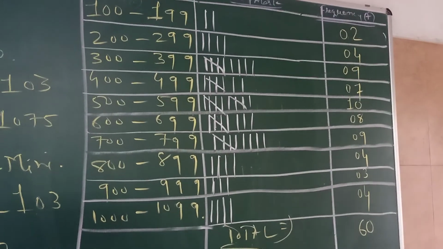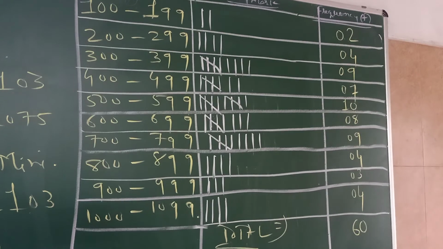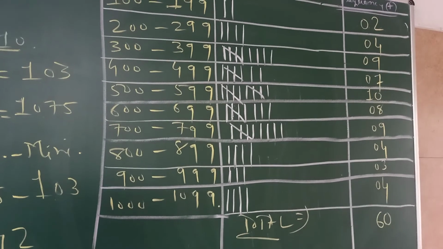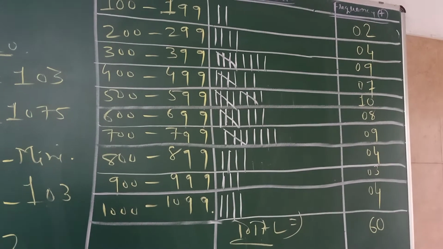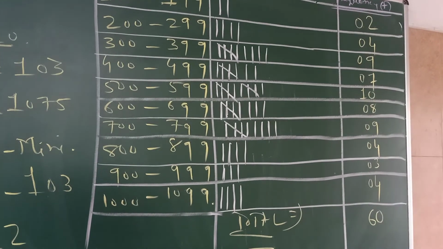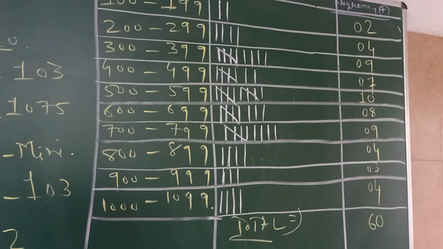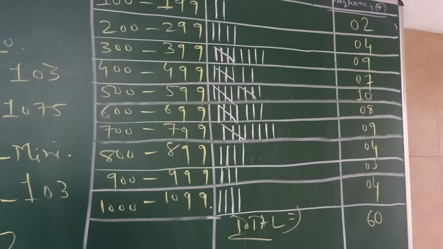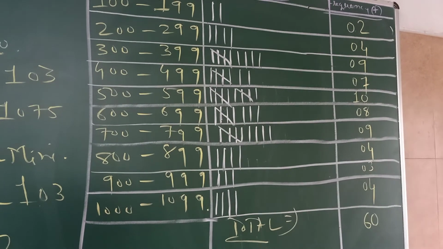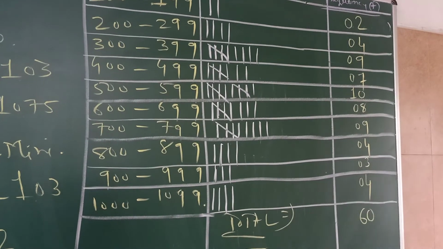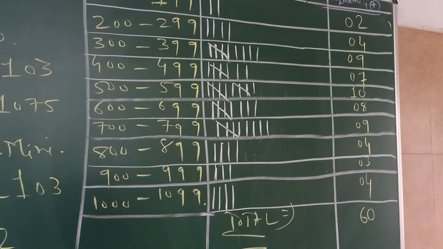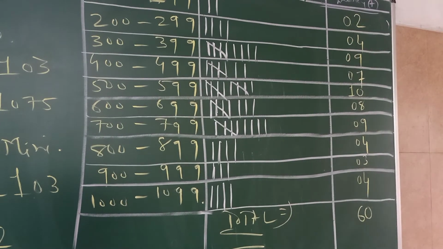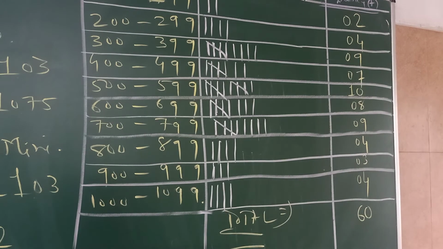After that, we think whether we should take the exclusive type or inclusive type continuous frequency distribution. So we decide to prepare the inclusive type. We begin our class from 100 because our minimum is 103.